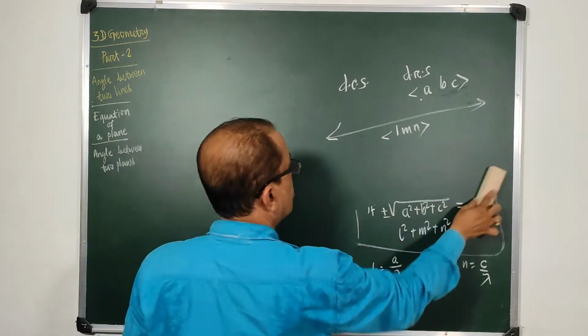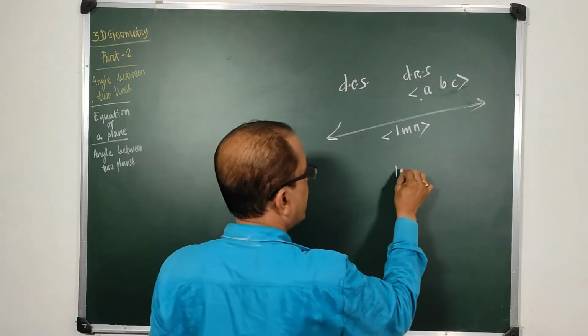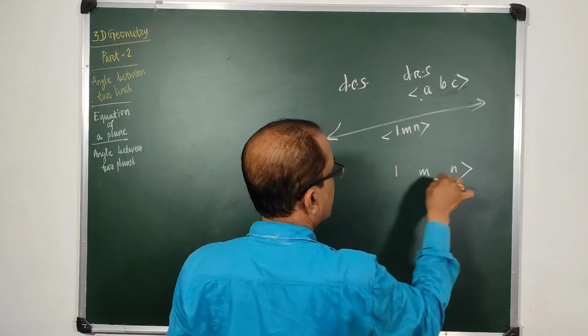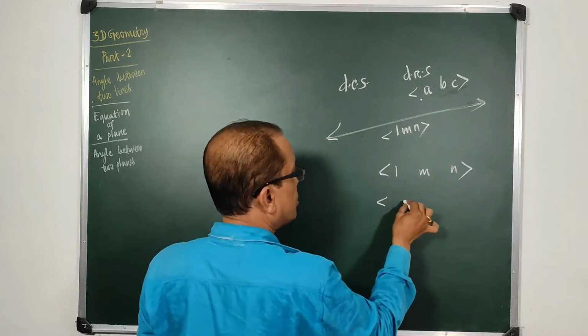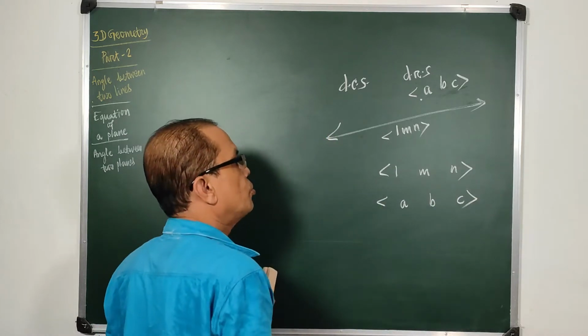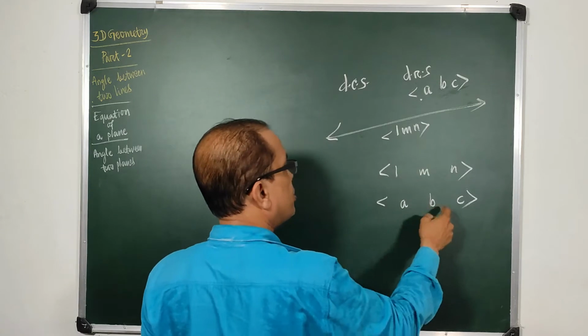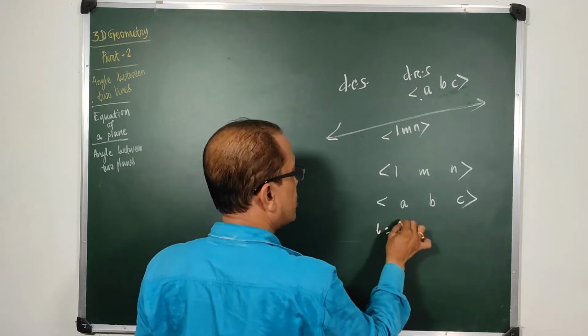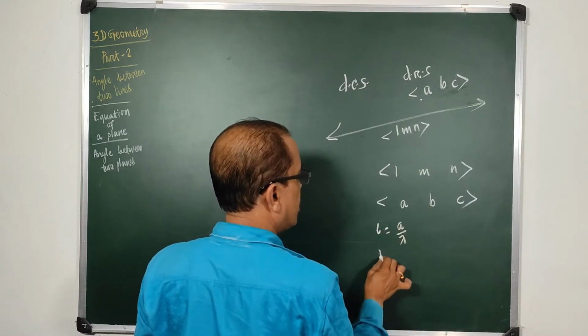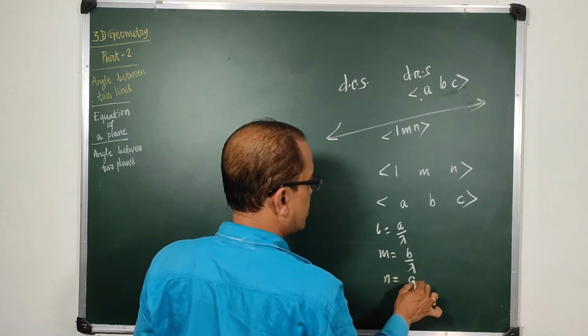And these two sets of values, l, m, n and a, b, c, are linked with the number lambda. So if we know a, b, c, we can find l as a by lambda, m as b by lambda and n as c by lambda.